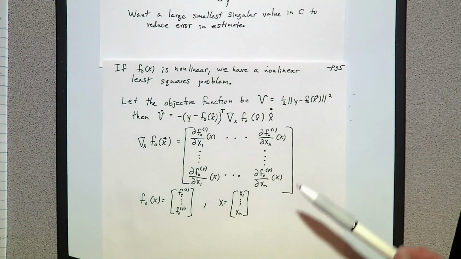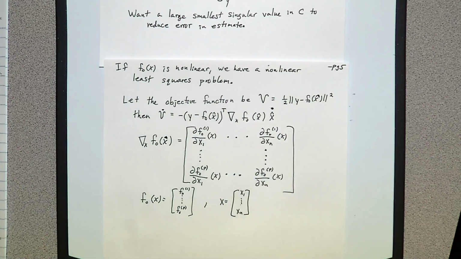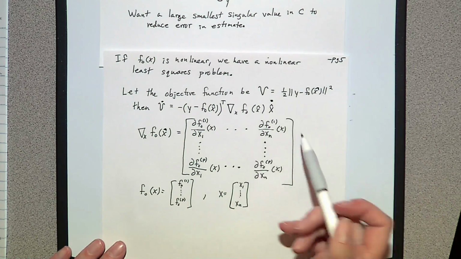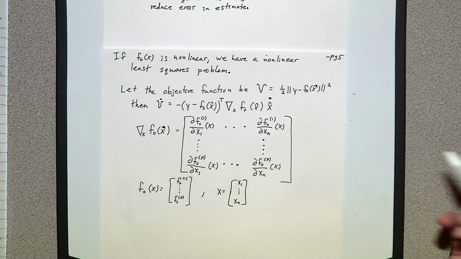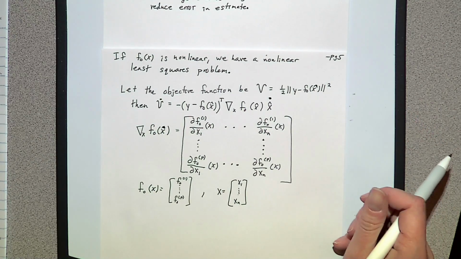Anybody remember what you might call this matrix from calculus or robotics 1? Yeah, it's a Jacobian. Yep. So Jacobian matrix, because it's like the derivative of each of those elements with respect to each of these elements here.